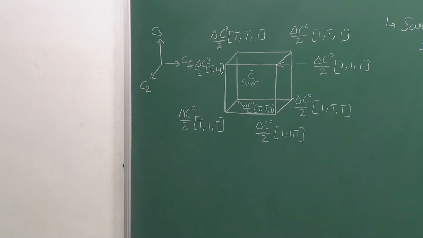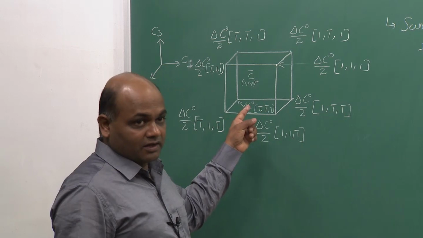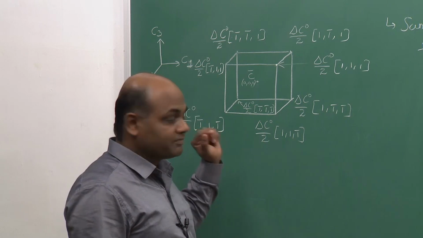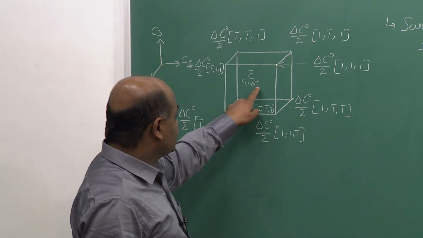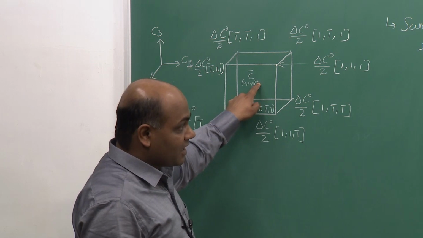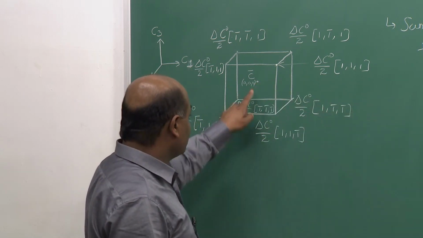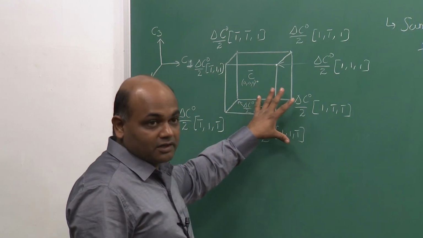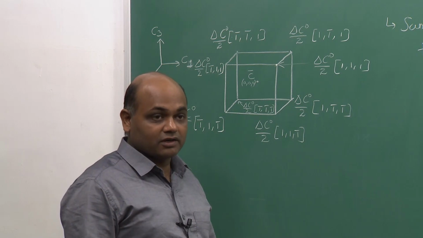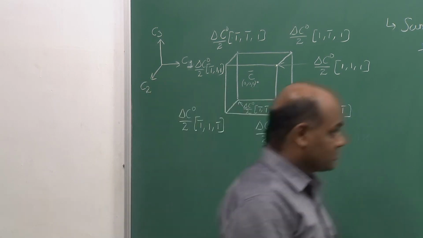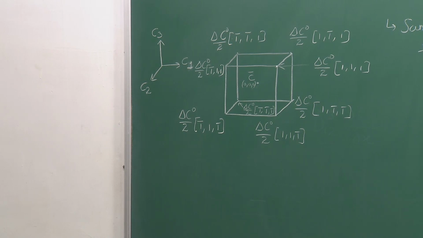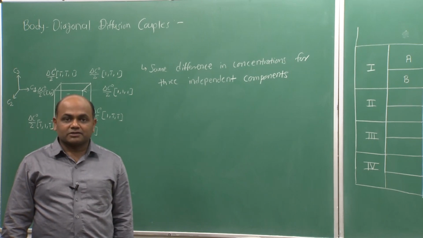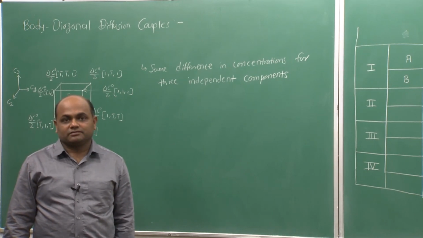So, since there are 4 body diagonals, we can have 4 sets of diffusion couples, and if we select a specific C bar and specific delta C0, we can write down the compositions of all the alloys on the 8 corners of the cube. Now the question is why it is important to select the terminal alloy concentrations from the 2 ends of a body diagonal.